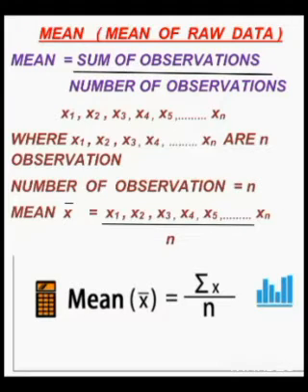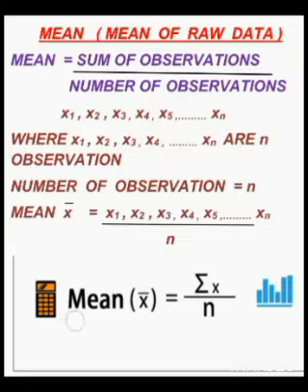To find the mean, what is the formula? Sum of the observations by the number of observations. We represent mean by x bar. So x bar is equal to x1 plus x2 plus x3 plus x4 and so on up to xn, divided by n, the number of observations.